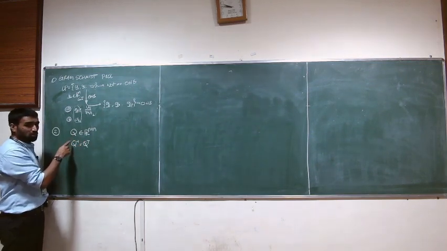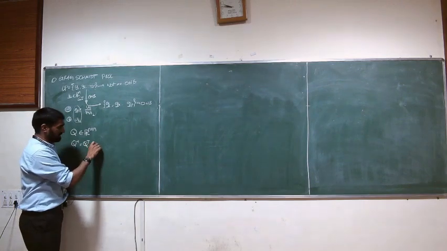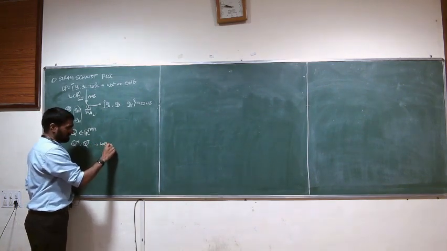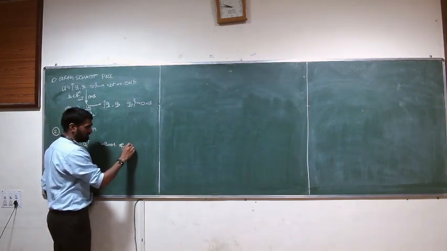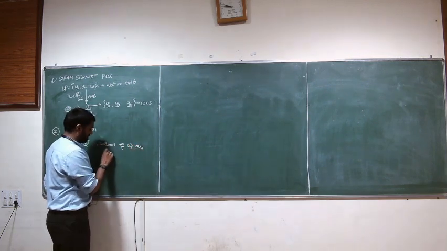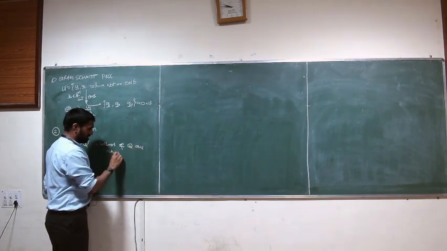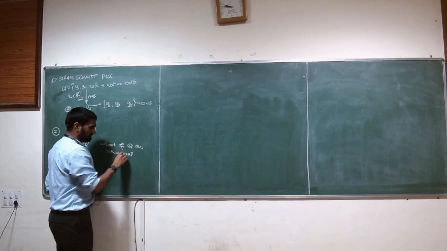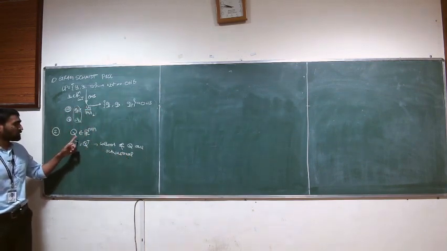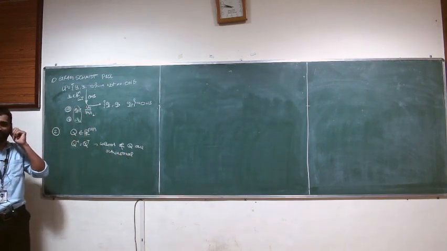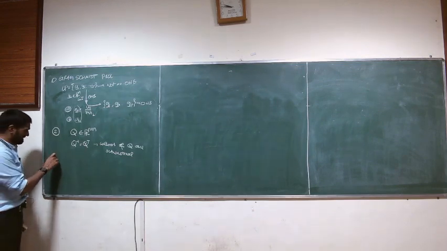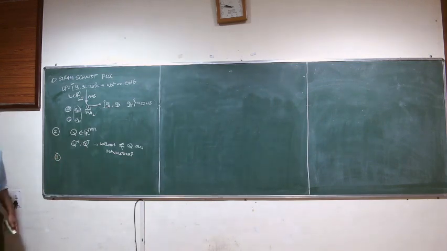And what can we say about the columns of Q? They are orthonormal. In fact, the columns of Q form an orthonormal basis for Rn. Yeah. Okay.